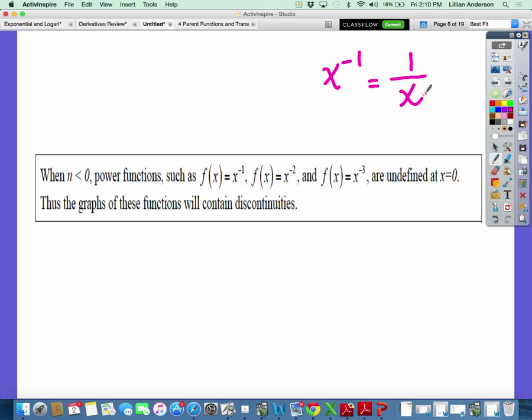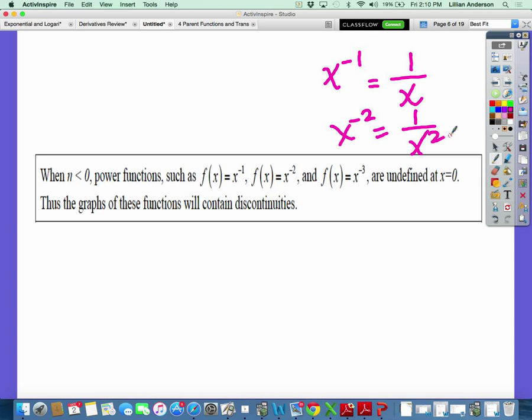So even for the other ones, like x to the negative 2, is going to be what? 1 over x squared. Even that's going to be undefined at 0. So if it's undefined somewhere, is it continuous from negative infinity to infinity? No, it's not. At some point in time, it's not going to be continuous.